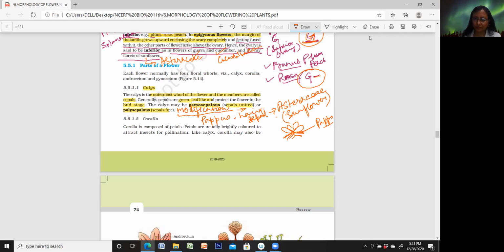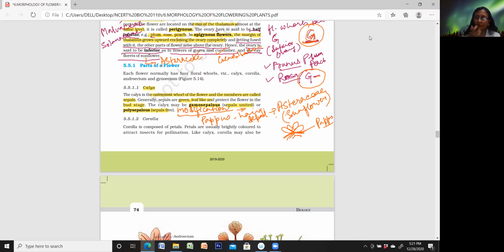Actually, the sunflower which you see is an inflorescence, and the minute flowers which are present in the sunflower inflorescence, which are called florets, are of two types, disc florets and ray florets. There's a brown or dark colored disc in the center, and the minute flowers present inside are called the disc florets.